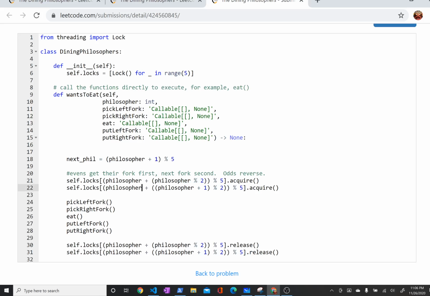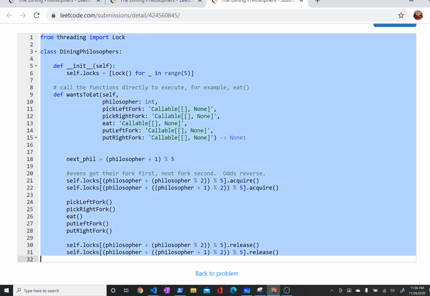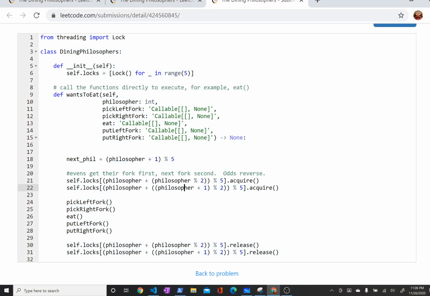And likewise, in the next line in 22, we're doing the same thing plus 1. So even philosophers try to grab their fork first, and then in the next line, they try to grab the next fork. Odd philosophers try to grab next fork first, then in the next line, they try to grab their fork. And when I say grab, I mean acquire the lock.